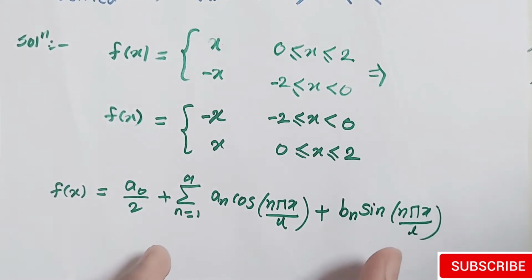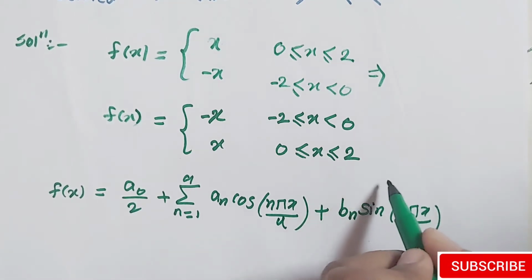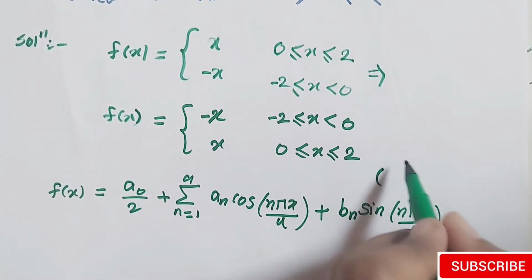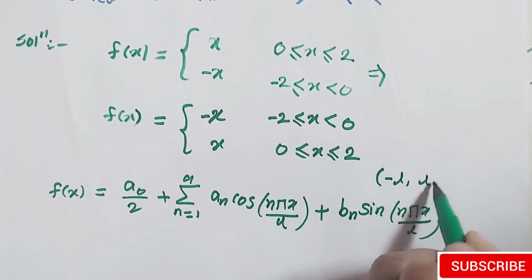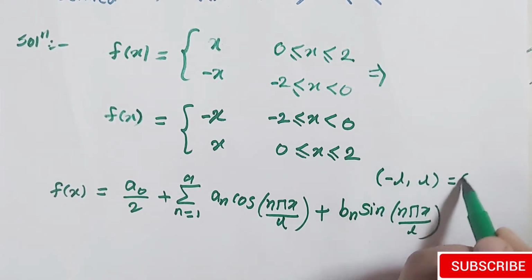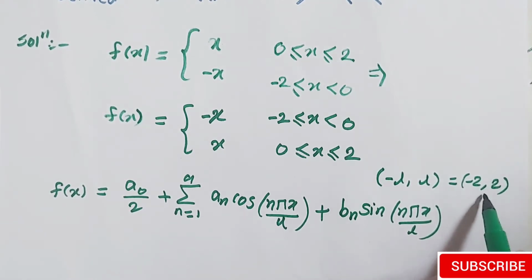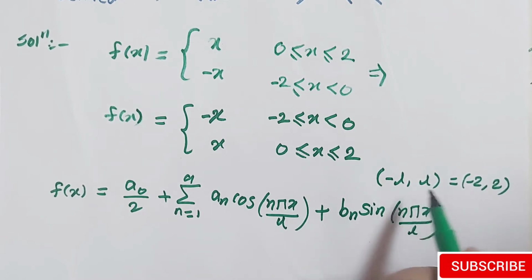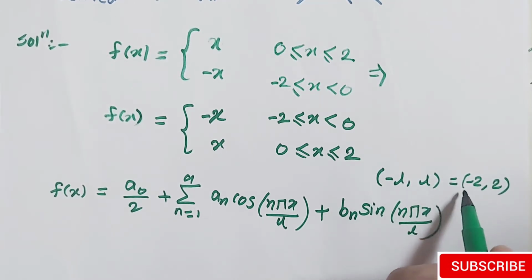L. How to find the value of L? We know that the general form of the integral is minus L to L because here the integration given है minus 2 to 2. So इसे अगर minus L to L के साथ में compare करोगे तो it is clear that L is 2.